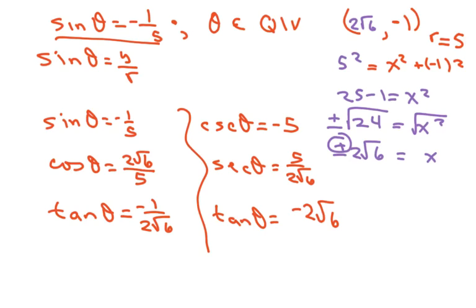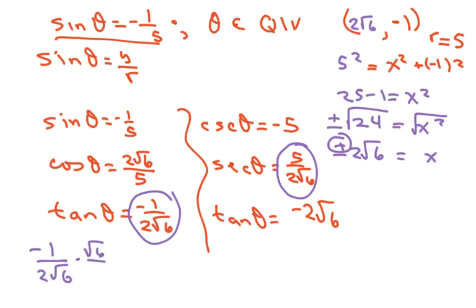So I have to clean these two up. I'm going to rationalize it. Negative 1 over 2 square root of 6 is negative square root of 6 over 12.